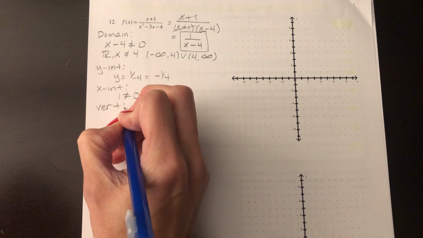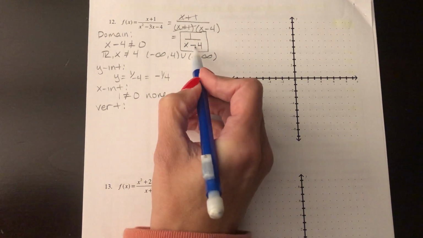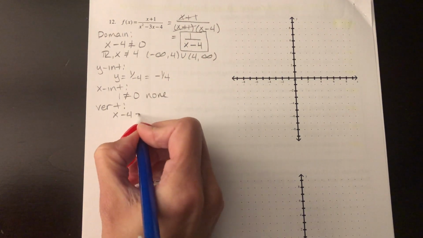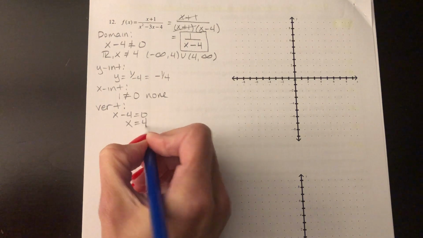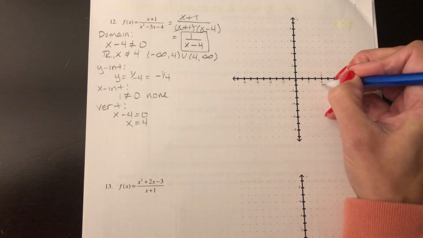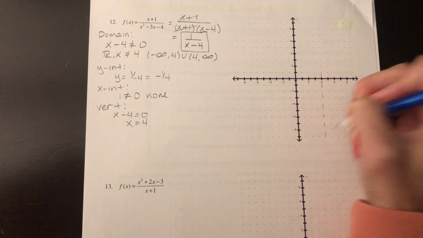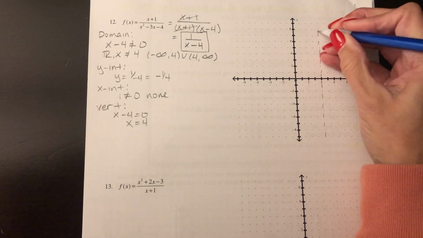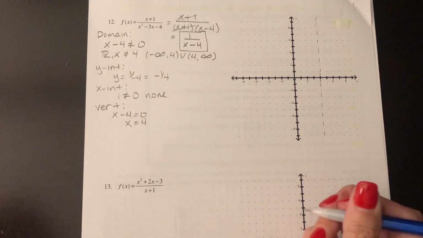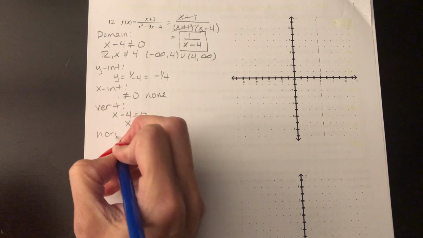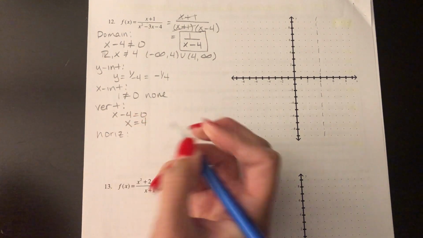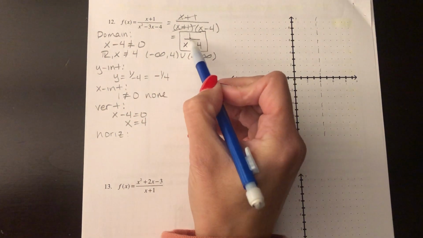Okay, now we're ready to check for asymptotes. We'll start with the vertical asymptote first. Take the denominator equal to 0. So x equals 4 is your vertical asymptote, and go ahead and mark that. And then to find your horizontal asymptote, you're looking at the degrees. So degree is 0.